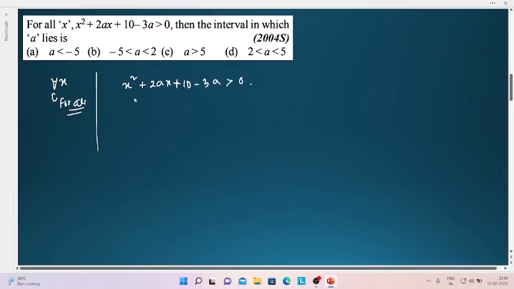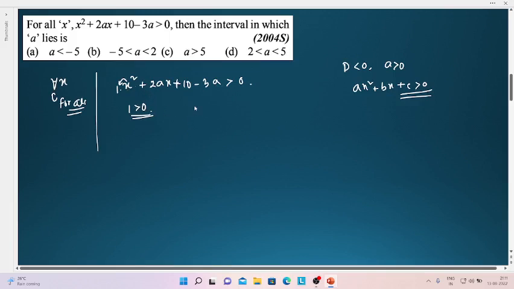First of all, if D is less than 0 and a is greater than 0, then the quadratic expression, suppose ax square plus bx plus c, must be greater than 0, right? Let me check the sign of a. Here a is the coefficient of x square, which is 1. So 1 is always greater than 0, so a is greater than 0.